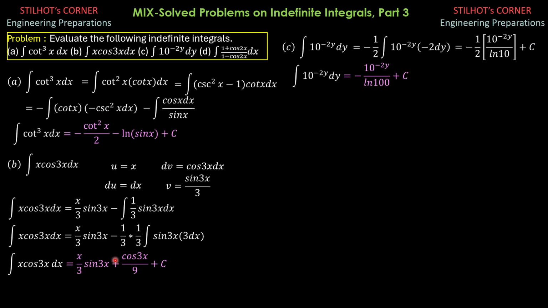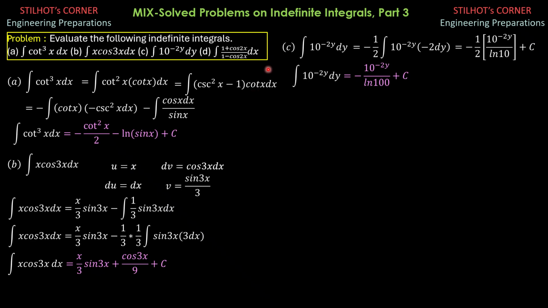I already checked this answer of mine using that principle, both differentiation and using limits. So you just verify these answers on your own. Same is true with part C and the rest of indefinite integrals that you may encounter.